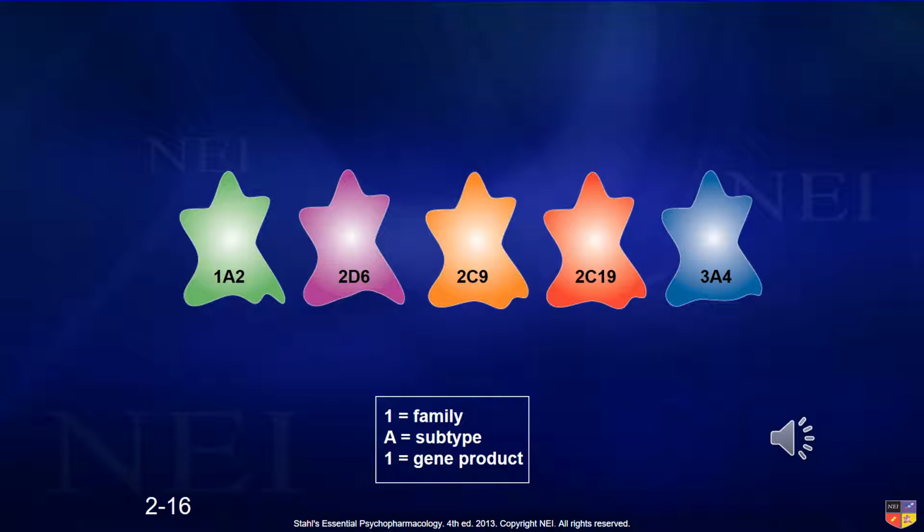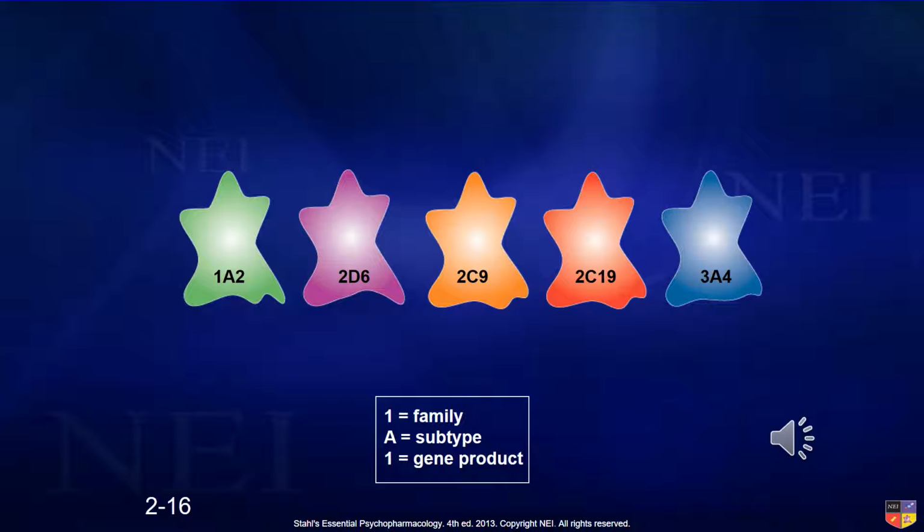Another concept that enters greatly into our work is the cytochrome P450 system, or they're just called CYP 450 for short. They are classified in different ways. We see 5 pretty colored little shapes, kind of look like stars or maybe ghost figures, stretching across this slide.